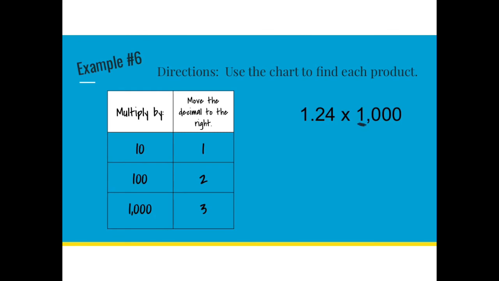Again, remember we're essentially multiplying by 1, and if we forget that the decimal is even there to start with, we're taking 124 times 1, so I know 124 is going to be in my answer. If I take a look at the decimal point, I'm moving it 1, 2, 3 spots, which requires me to add a zero for that placeholder, giving me an answer of 1,240.